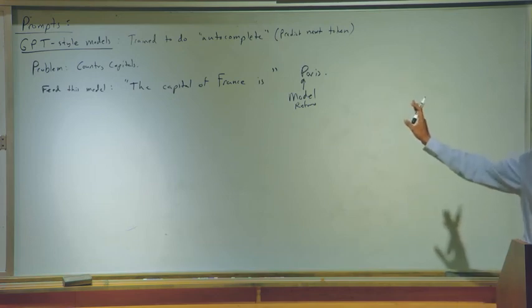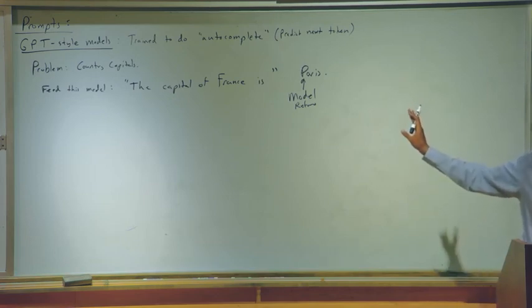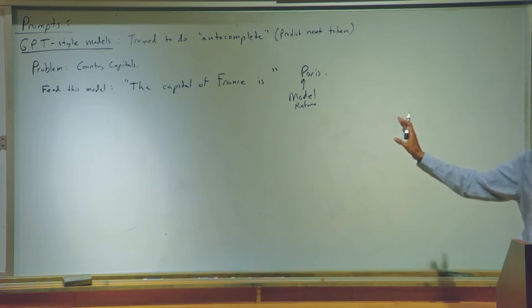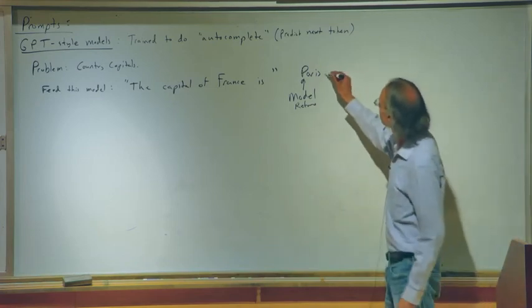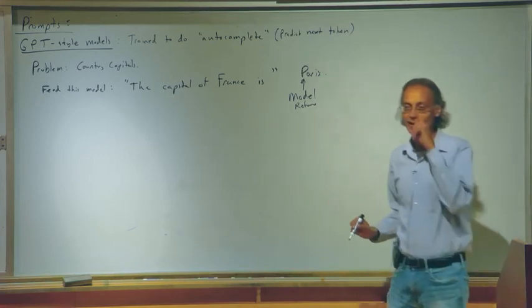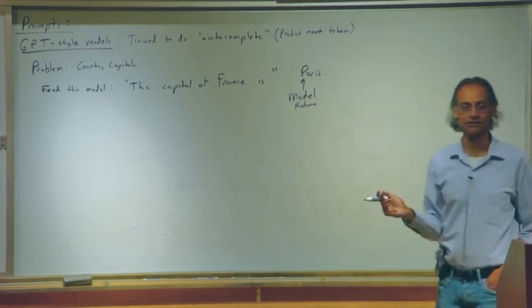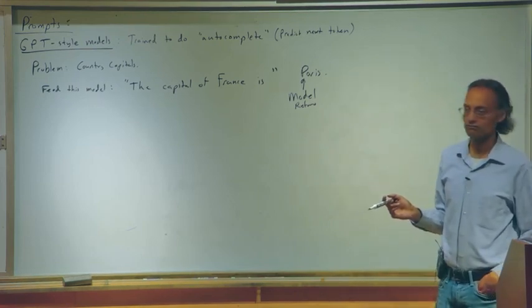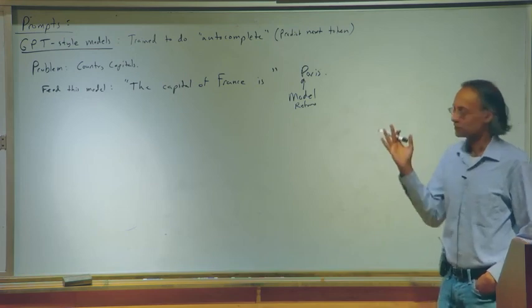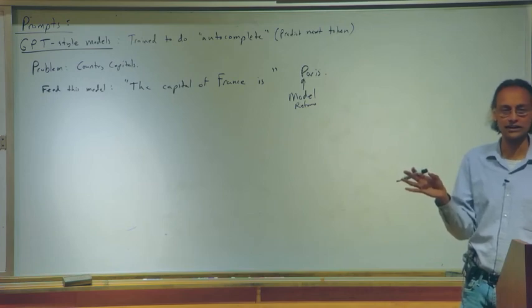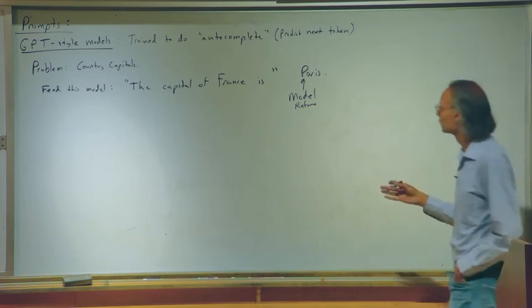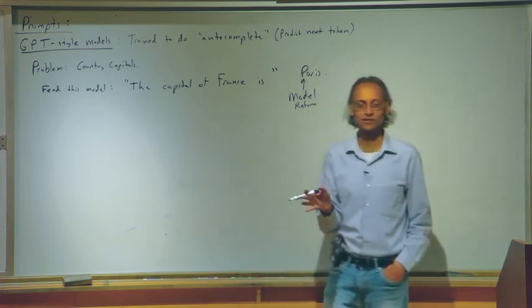Does everyone see what we're doing here? We're using an autocomplete to solve a problem, and we solve the problem by asking the model to complete a sentence. Is that clear? Okay. So when people did this, they found that this worked. Now, the model wasn't trained to answer country capitals, but it was fed a lot of text, and that text included sentences involving the capital of France.